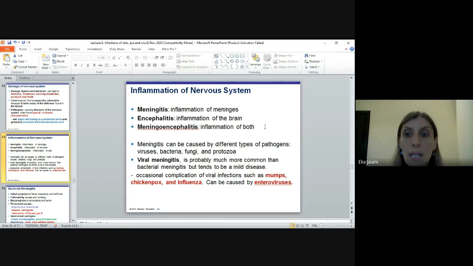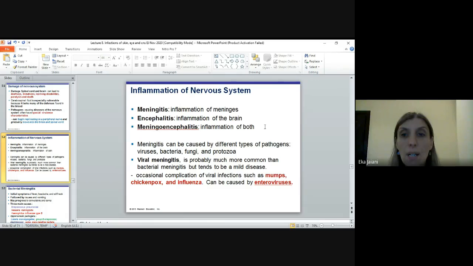So normally the virus presents the classic clinical picture, as we see in chickenpox, for example, but in some patients, meningitis or encephalitis can also develop. Same with influenza. Influenza, in rare cases, can lead to encephalitis, and enteroviruses.